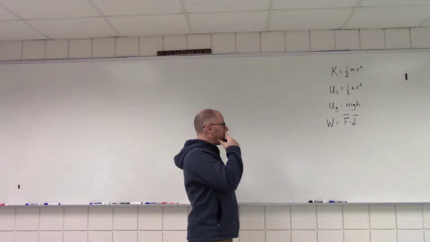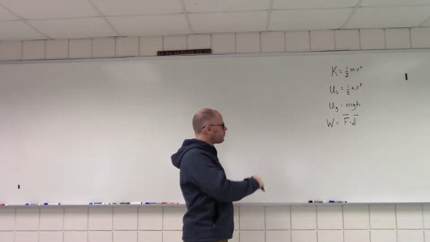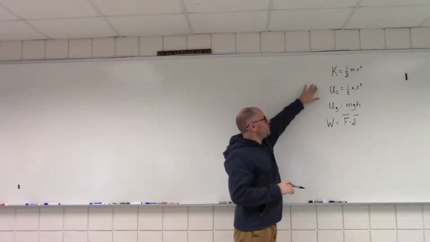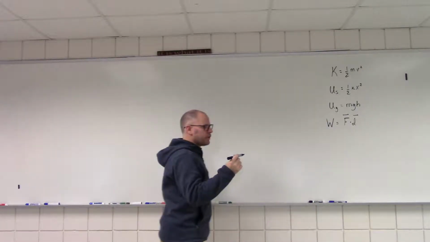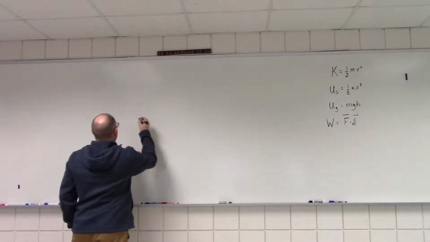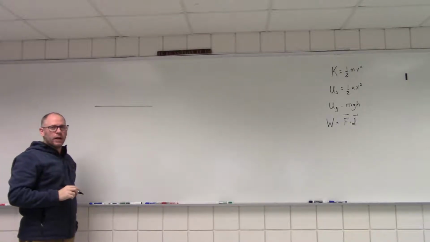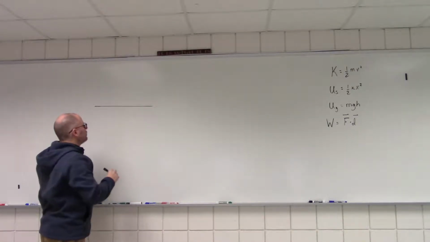So here's our concept. Let's see, first of all, how these can work together. We're going to use a construct that we use all the time in physics, a frictionless surface.